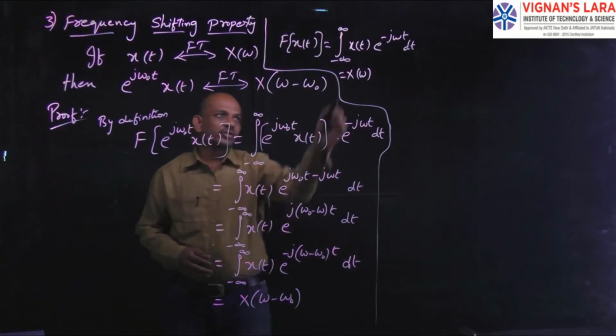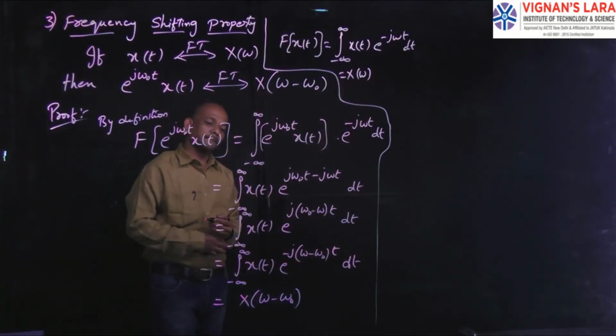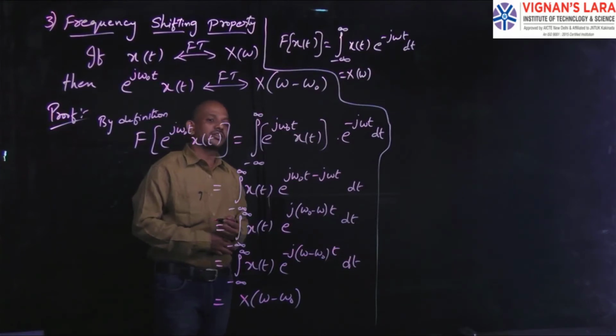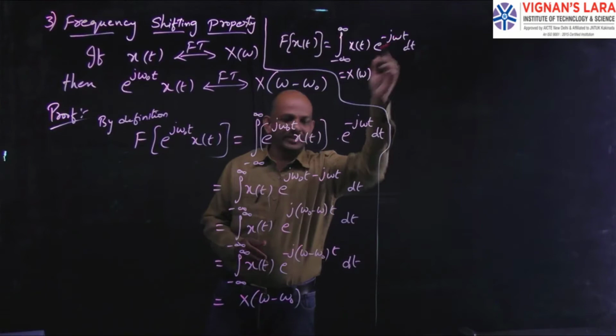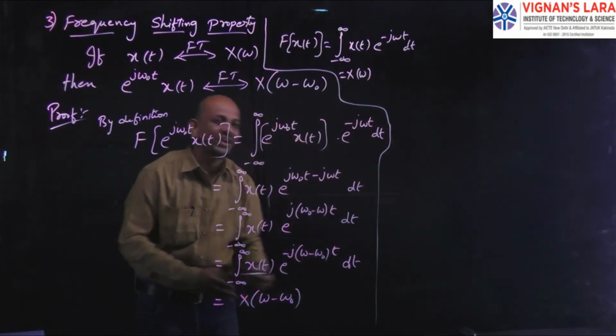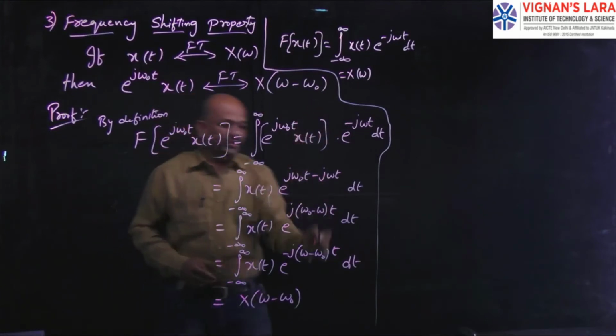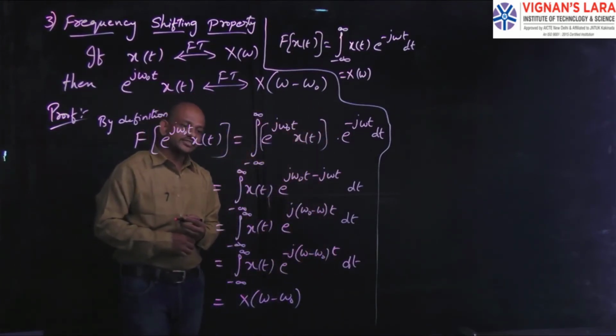So the X of omega will become X of omega minus omega naught. Simple logic: whatever is in the place of omega, I get that inside the brackets of X. So here the value is omega minus omega naught, and I got X of omega minus omega naught.